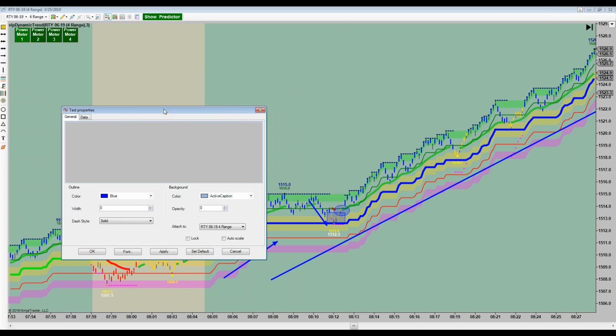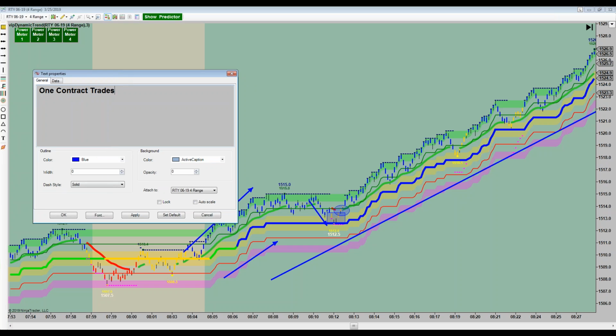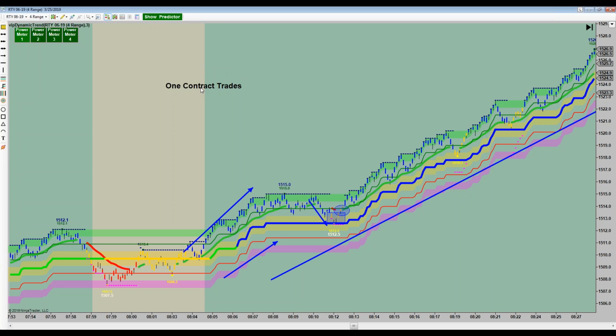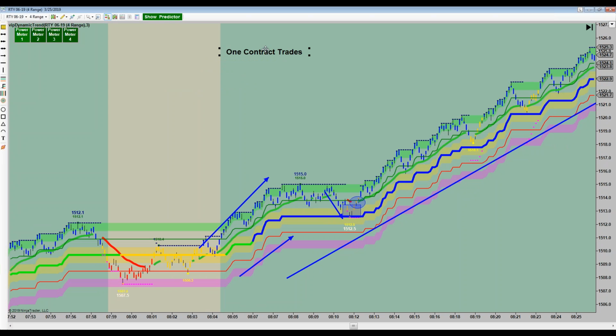The most simple approach is to simply trade one contract. We don't really recommend that, simply because it's an all-in condition. If you only trade one lot at a time, a lot being a contract, then you have a choice: am I going to scalp my one contract?